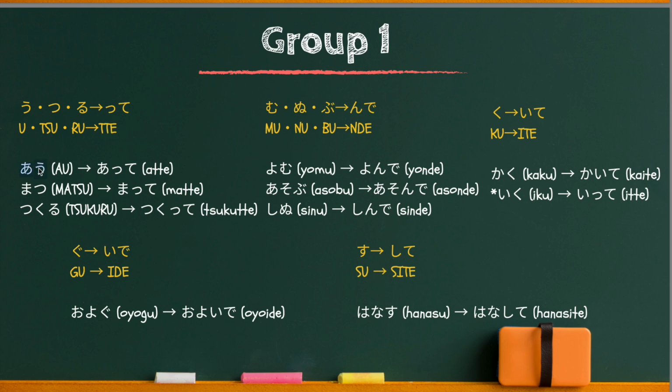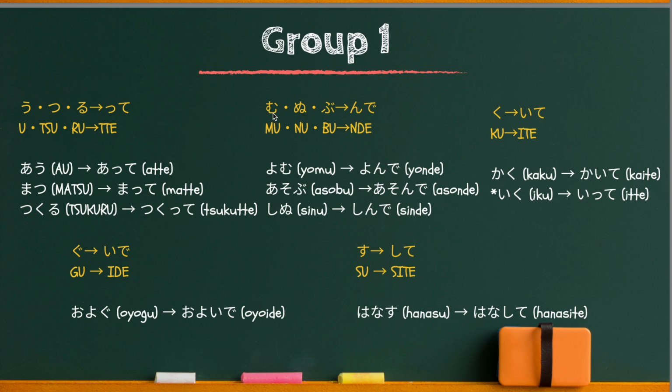Therefore, au to atte. Matsu, tsu ending. This tsu also becomes te. Therefore, matsu becomes matte. Tsukuru, ru ending also becomes te. Tsukuru to tsukutte. So u, tsu, ru ending goes to te.